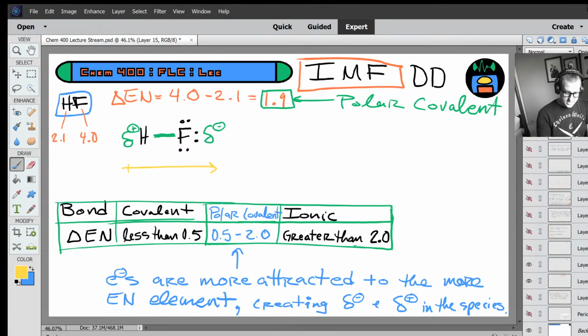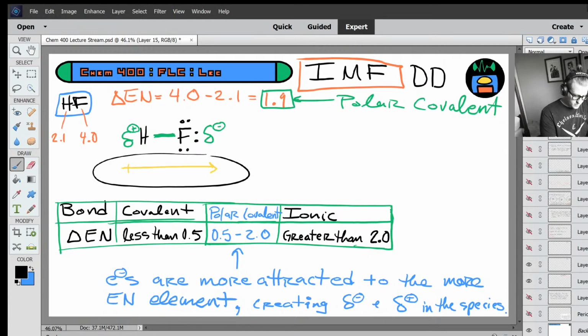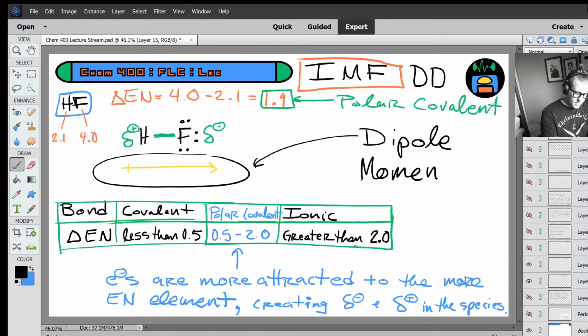All right? And this thing right here is called the dipole moment.